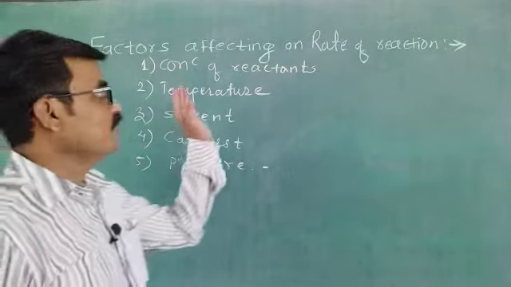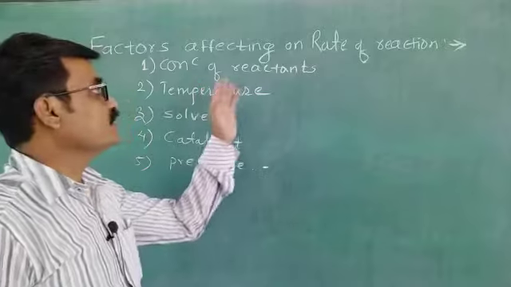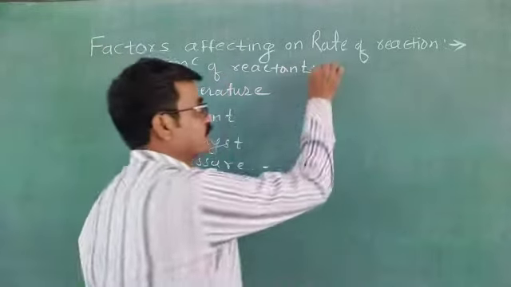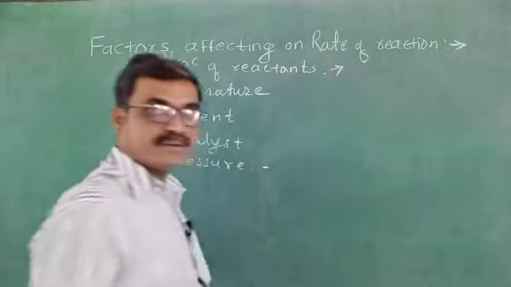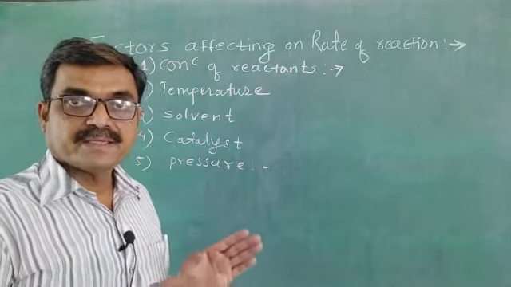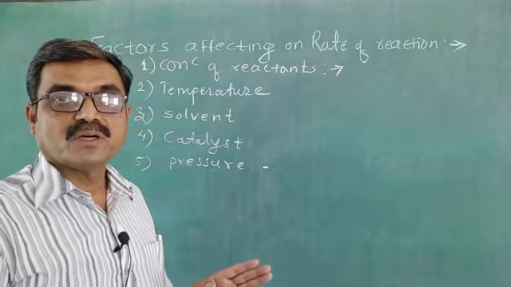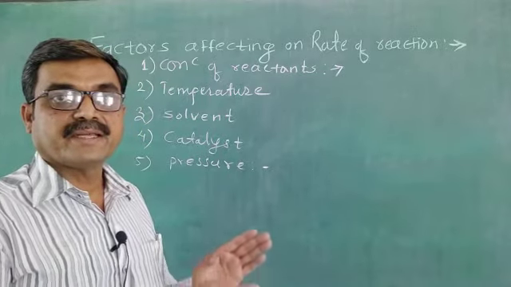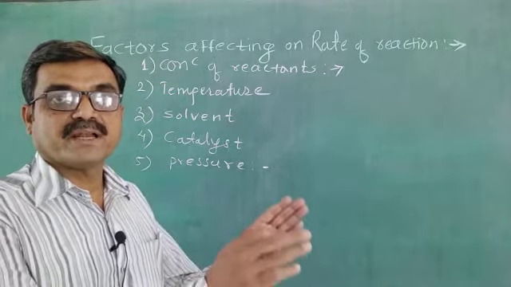Now first of all, the effect of concentration of the reactant on the rate of reaction. This is the first point. As you know, the rate of the reaction is directly proportional to the concentration of the reacting species raised to their number of moles.